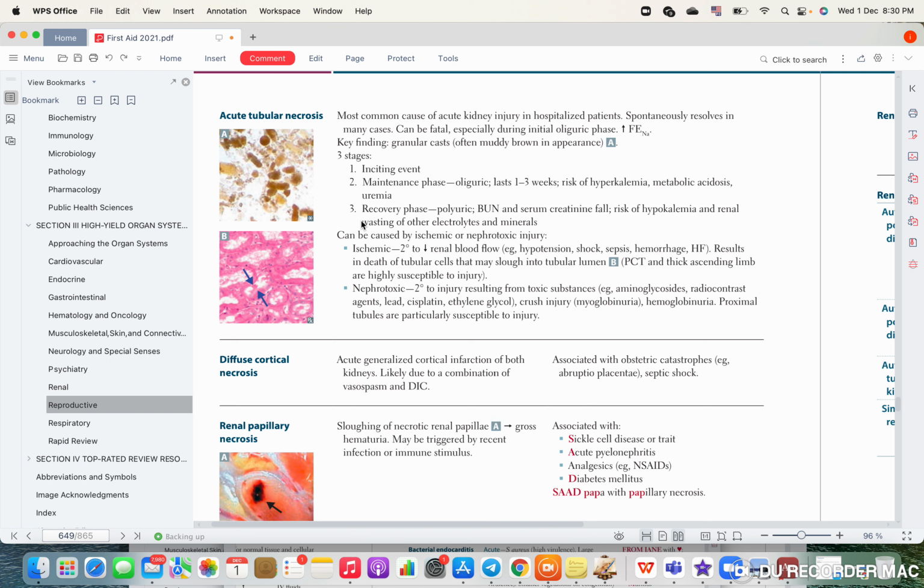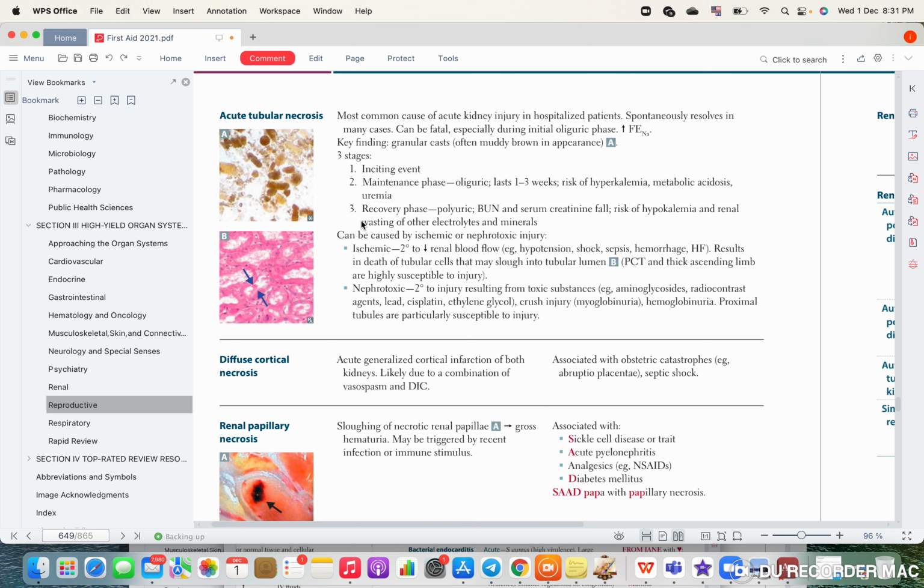Is it the filtration? Is it the reabsorption? Is it the secretion? Or is it the excretion? Yes, it's the reabsorption. Well, due to this fact, what is going to happen to the urine volume during that period of recovery? Yes, polyuria. It will be up.